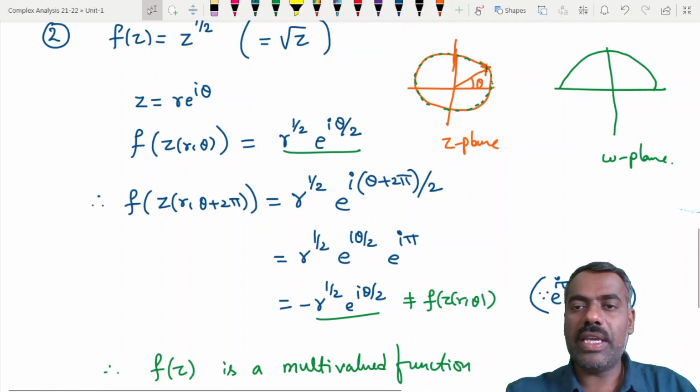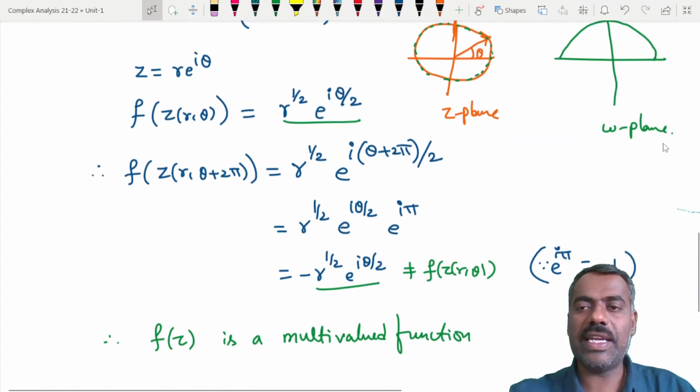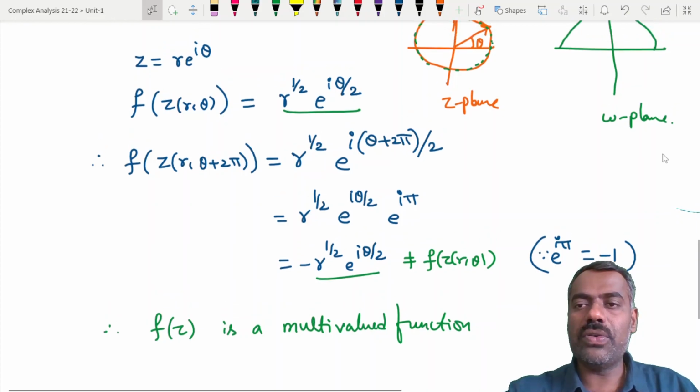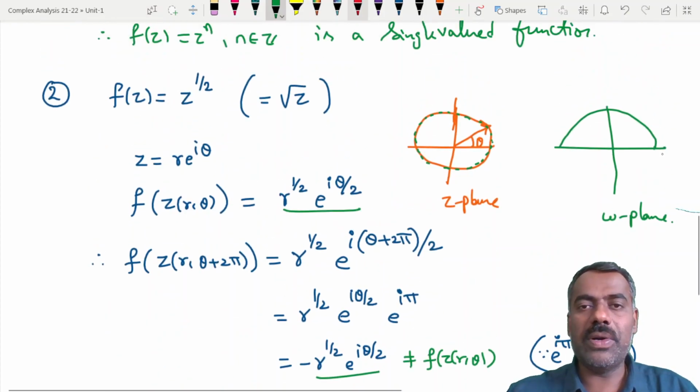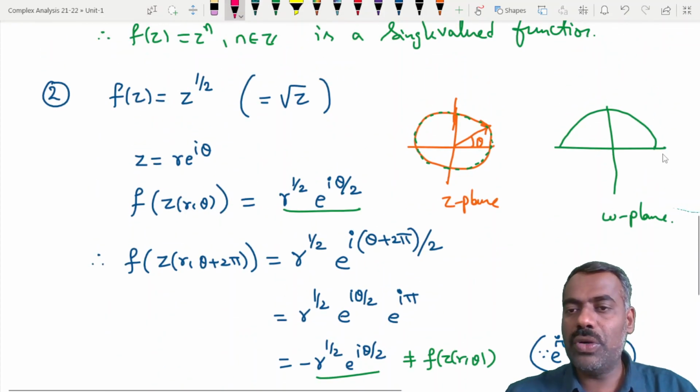Right? So in the z plane, f of z, if you go one complete round, in the w plane we are actually going only half. If you want to complete the remaining, we should go again one more round.